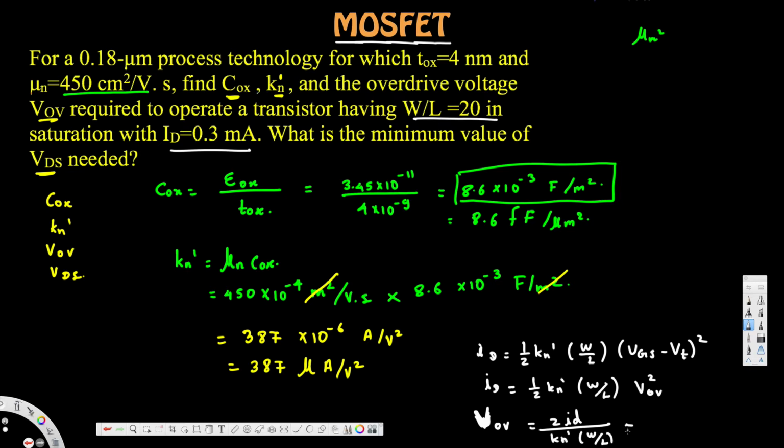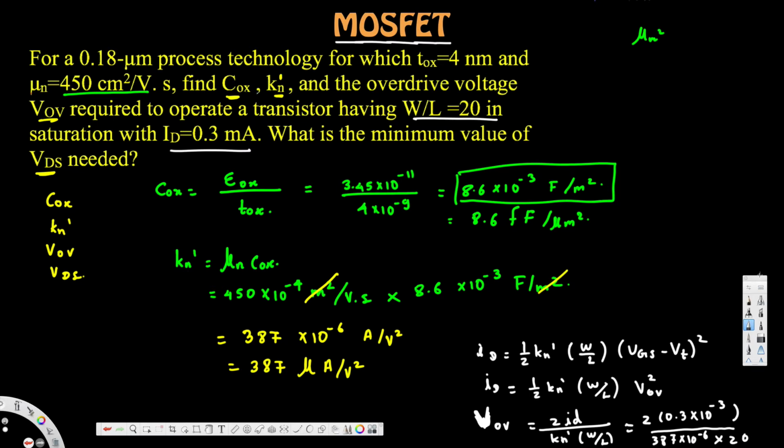So this is going to be what? 2 times ID, which is given as 0.3 milliamperes, 0.3 times 10 to the power of minus 3 ampere, divided by the transconductance, that is 387 times 10 to the power of minus 6 times W over L. W over L is equal to 20.